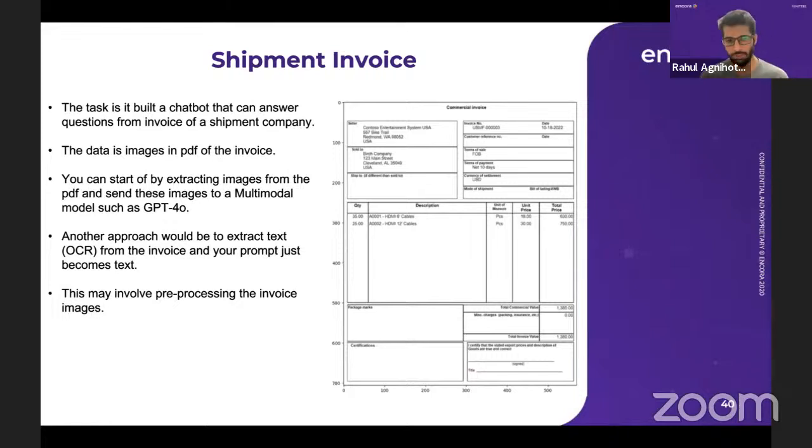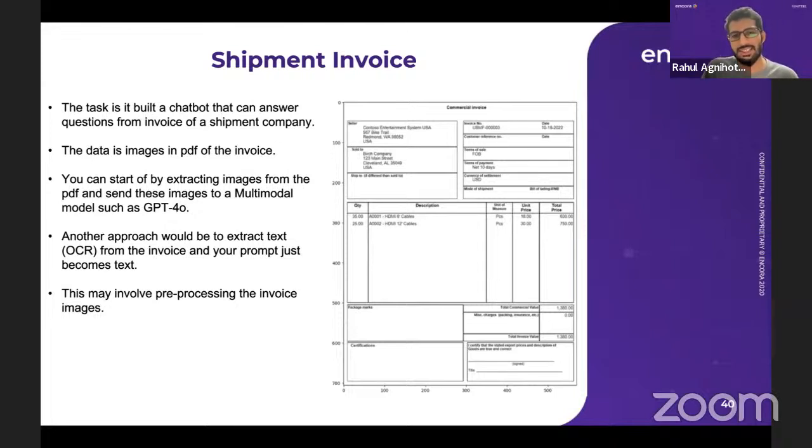A business person wants to know what the shipment details were, like who the seller was, who the shipment was sold to, what the document number was, what the total price was, the number of units, the description. Any sort of question could be there, and a person can ask any question from this document.